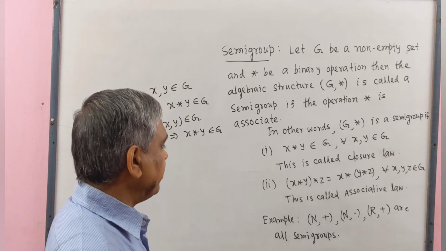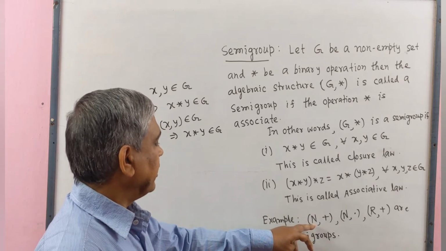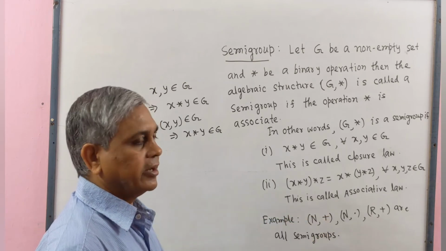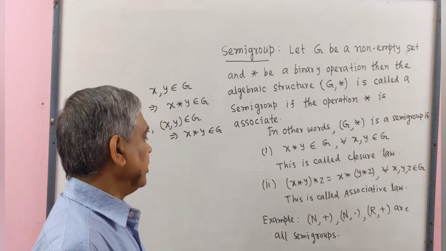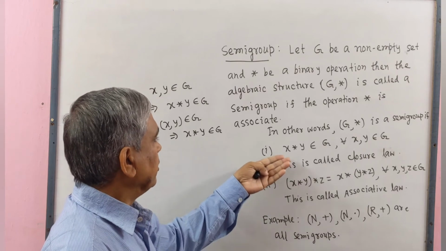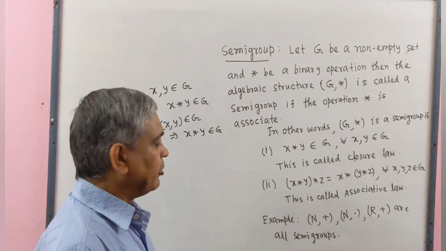Now we give example. The algebraic structure N with binary operation addition, where N is the set of natural numbers, is a semi-group which fulfills closure law as well as associative law.